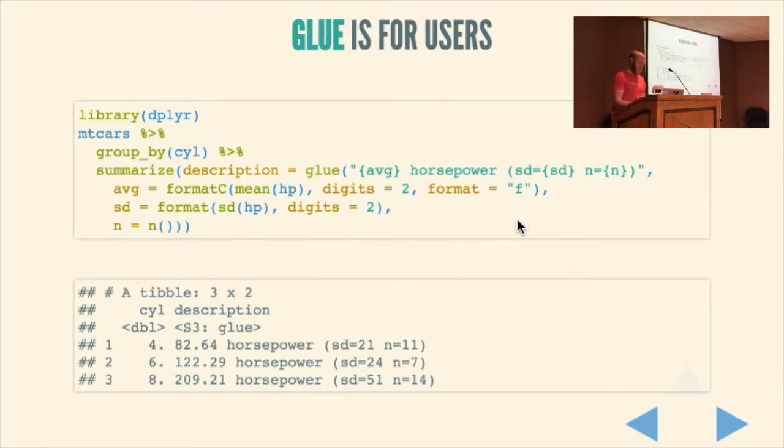The other feature of glue that this is showing is you can, in the call to the glue function, define additional arguments, and those arguments are then available for use in the glue string. So I don't actually have to make a new variable for this average, standard deviation and n, but I can still use those arguments in my glue string.